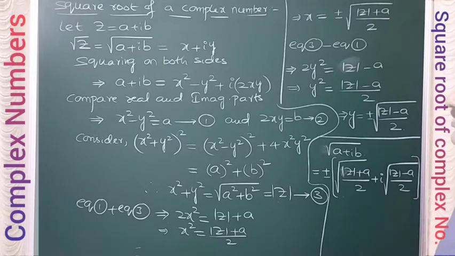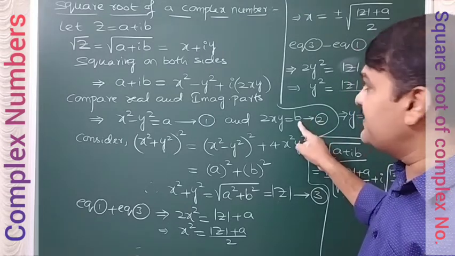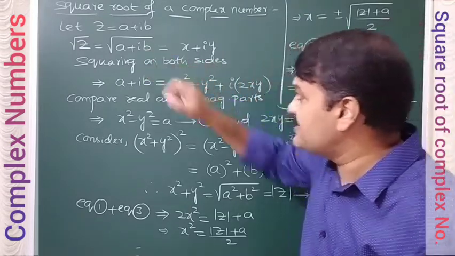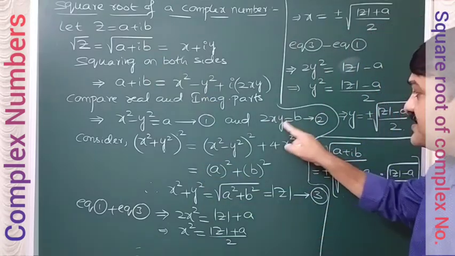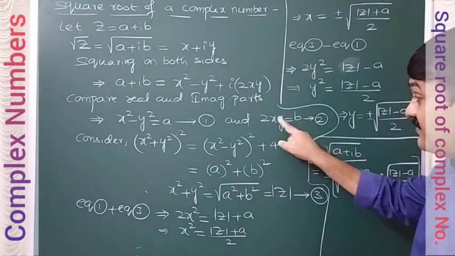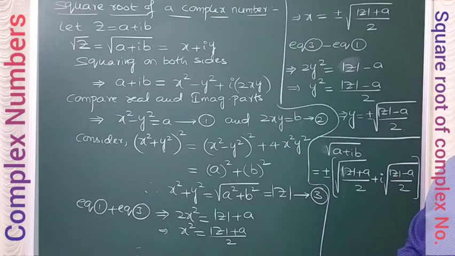So if b is negative, that is, if the imaginary part is negative, 2xy is negative. That means x and y must have opposite signs.